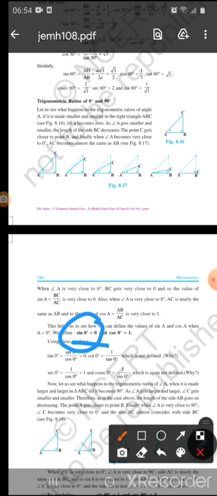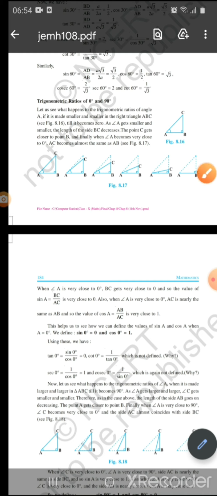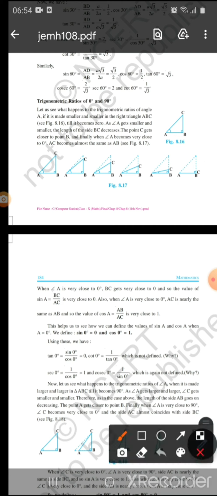Now let us take another trigonometric ratio, that is cos theta. Cos theta is nothing but adjacent side upon hypotenuse. So what is the adjacent side? AB upon AC. If I keep reducing this angle towards 0, then what will happen? This AC will become equal to AB.